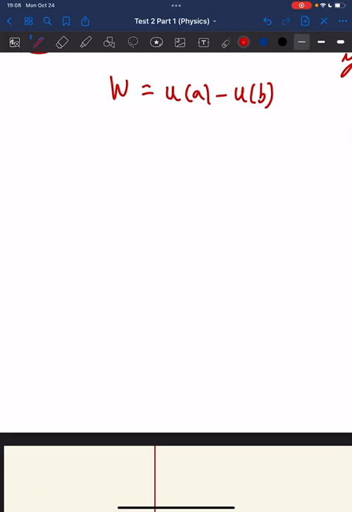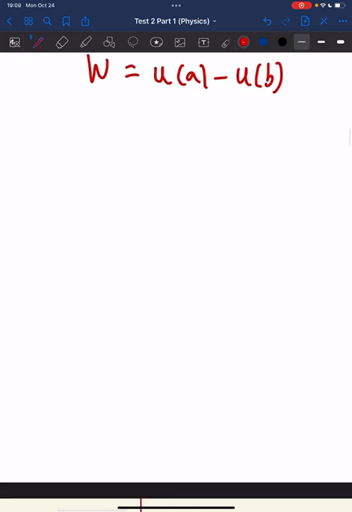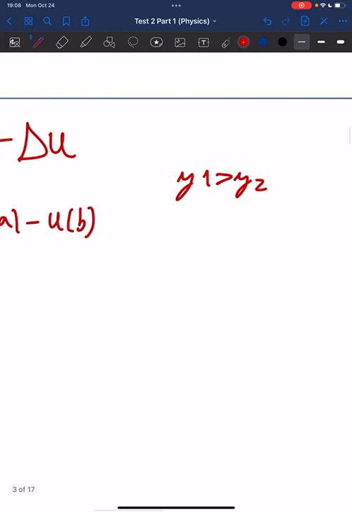So we're going to prove that both of them will be our potential energy.